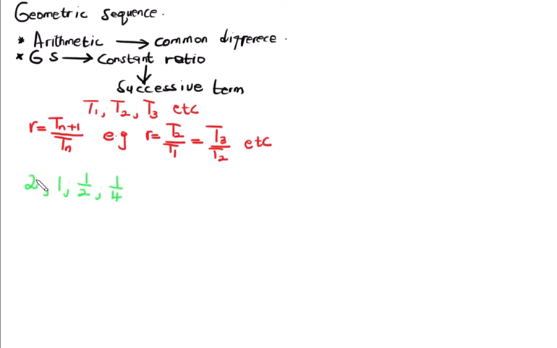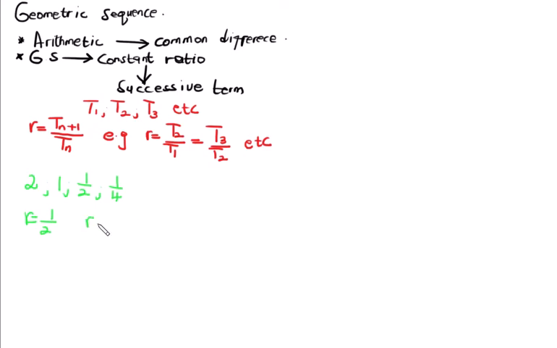For us to prove that such a sequence is geometric, what we have to do is simply calculate the R, and if the R is the same, that means the sequence is geometric. So our R will be equal to term number 2 over term number 1, which is 1/2. Let's see if it's the same when we move to the next one.